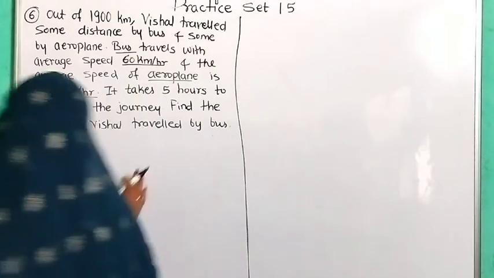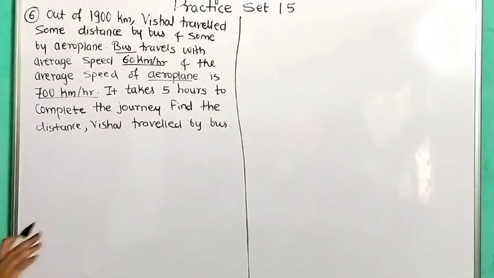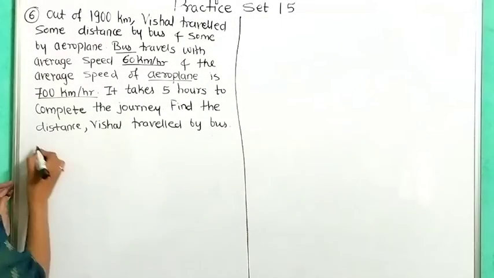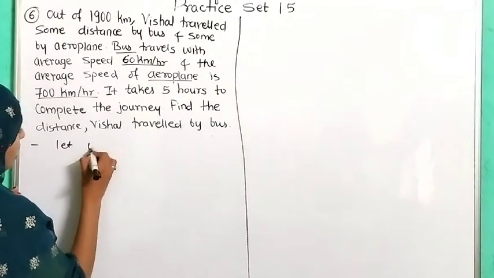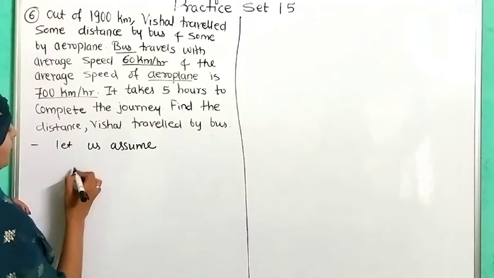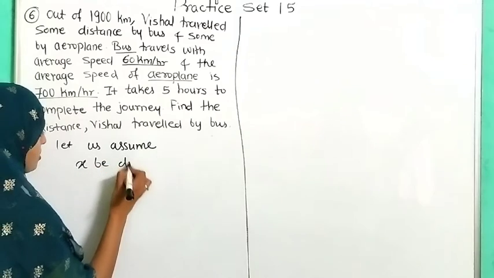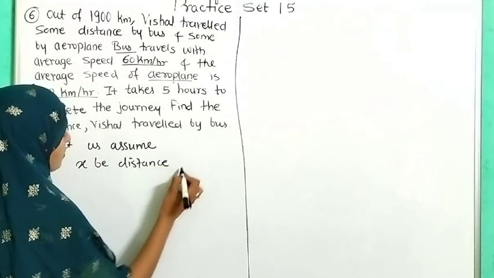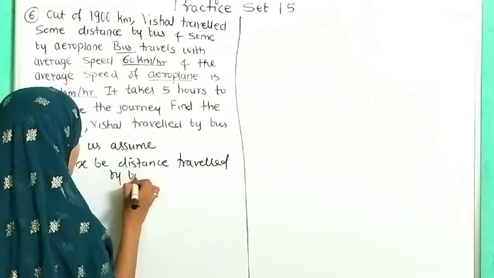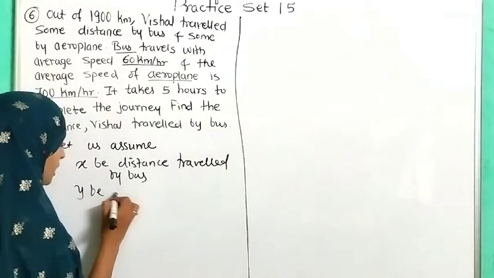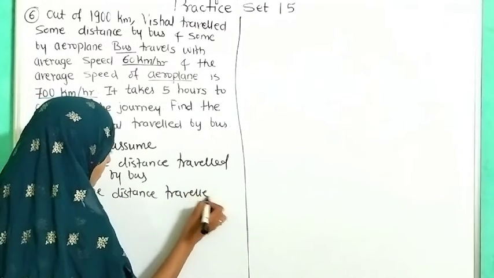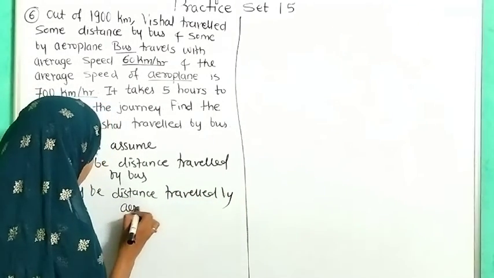So now first of all we have to assume the distance traveled by bus and the distance traveled by aeroplane. So let us assume x be the distance traveled by bus and y be the distance traveled by aeroplane.